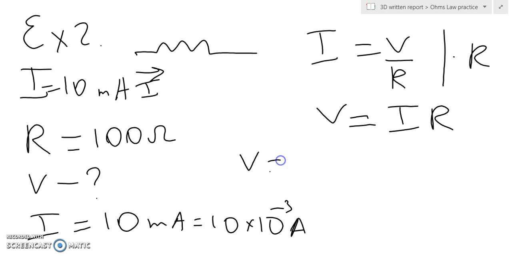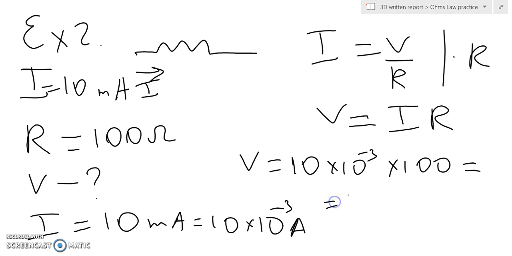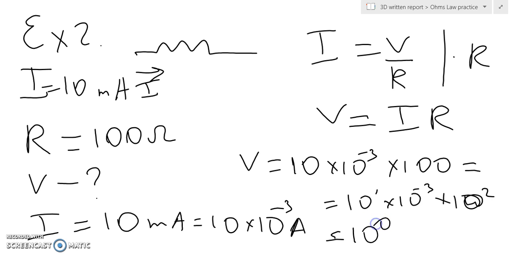So V equals 10 times 10 to the negative 3 times 100. Well, if you look at all of this, all is really 10 to the 1 times 10 to the negative 3 times 10 to the 2. And this all comes out to 10 to the 0.